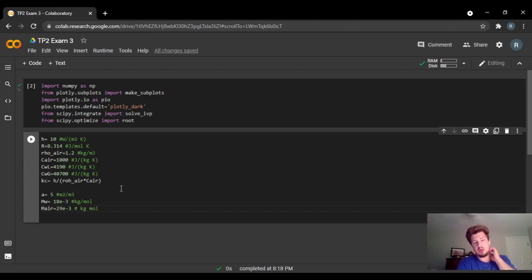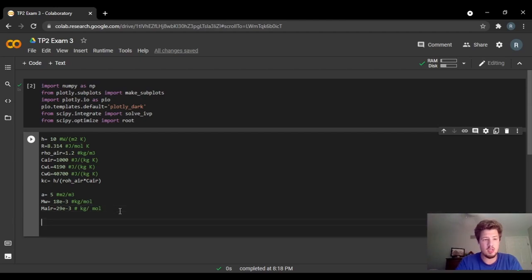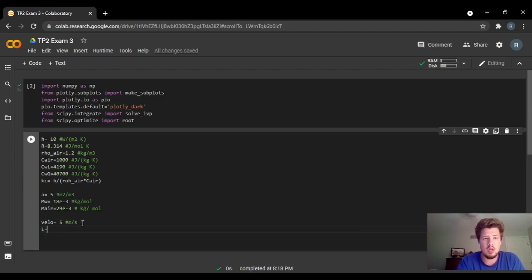And then we want to put in our given velocity, which was given to us to be 5 meters squared. Then we want our liquid flow rate, which is equal to 0.5, and the units are kilograms per meter squared seconds.